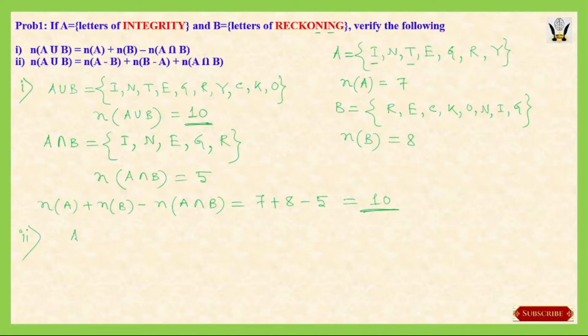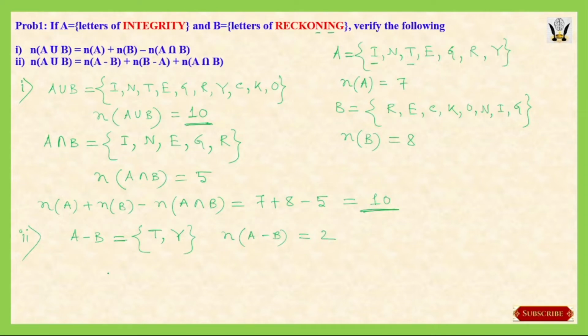First we have to find the difference between A and B. Difference is, first we consider all the elements of A which don't belong to B. So in this resultant set, we have only 2 elements which belong to A but don't belong to B. So the cardinal number of the difference between A and B will be 2.